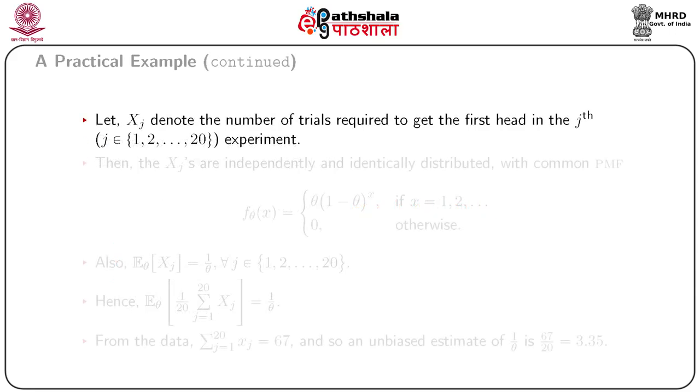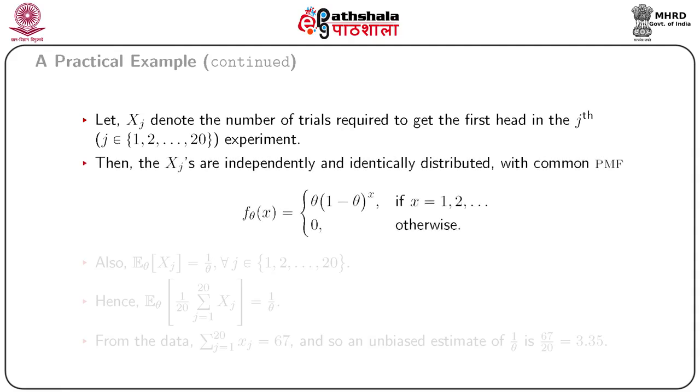Let Xi be the number of trials required to get the first head in the ith trial, i running from 1 to 20. Then the PMF of Xi is given by f(xi) equals (1 minus theta) to the power xi minus 1 into theta, where xi can take the values 1 up to infinity and 0 less than theta less than 1.